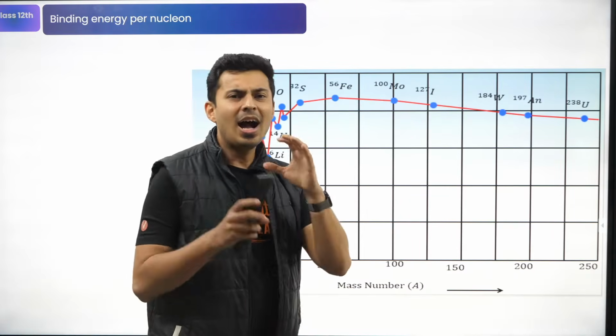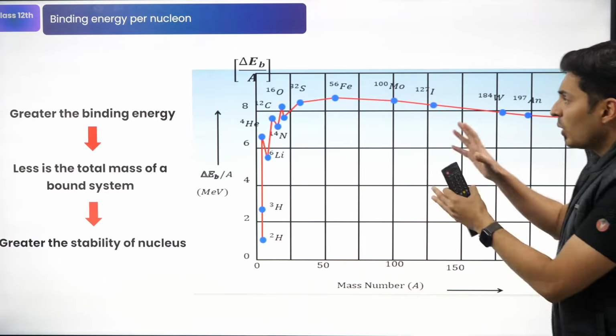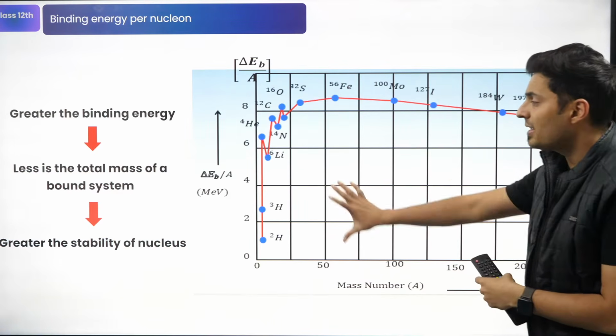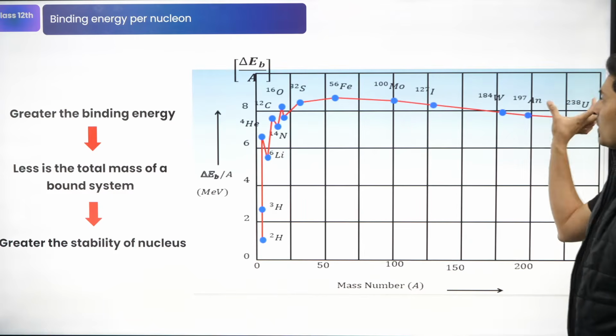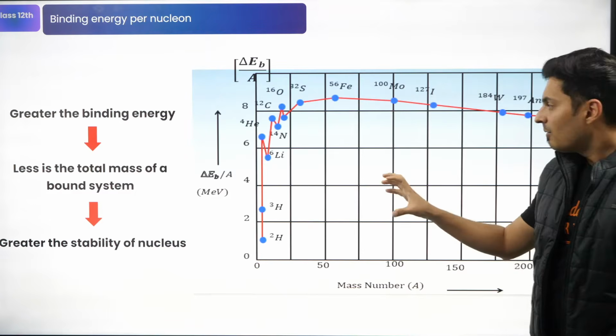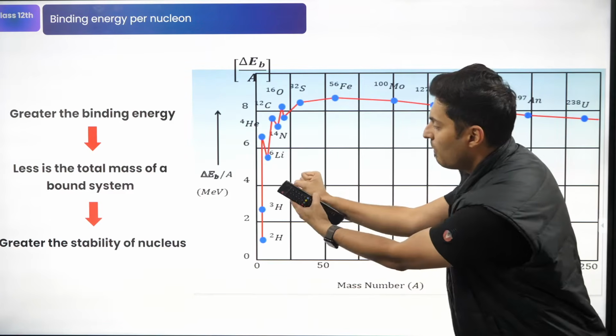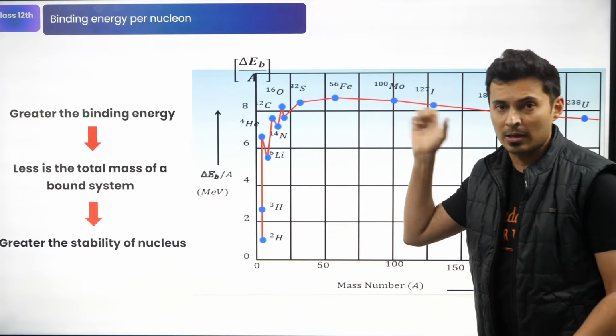These elements are less stable. So this graph in fact tells you about the stability of all the elements in the periodic table. Every element over here would like to break down into smaller elements, whereas these elements would like to combine together to become these elements which are much more stable.